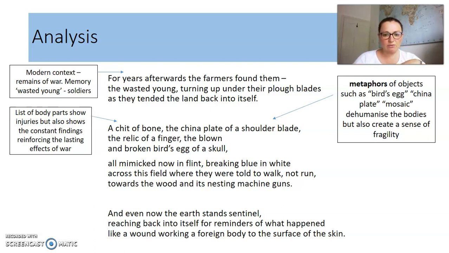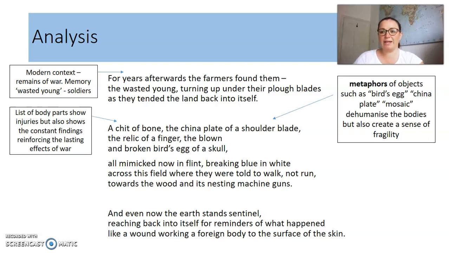It also refers here to the sort of mosaic of the way that the body parts are scattered, and it refers to that later in the poem, as we'll see as well. But the main purpose of this is to dehumanise the bodies, make it seem as though it's not as horrific finding all of these bits of bone.